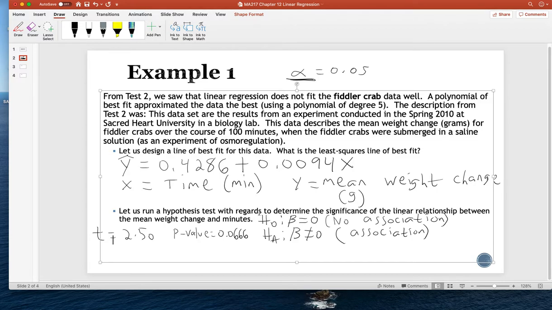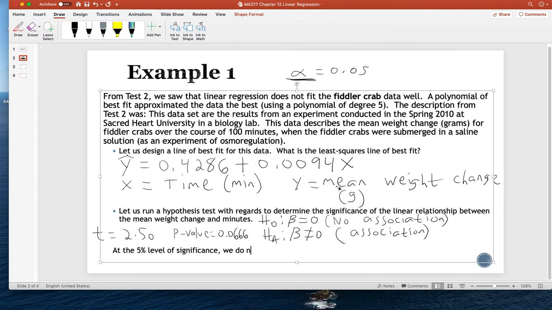At the 5% level of significance, now since the p-value is indeed 0.0666, that being greater than a level of significance, that means we are not rejecting this null hypothesis.